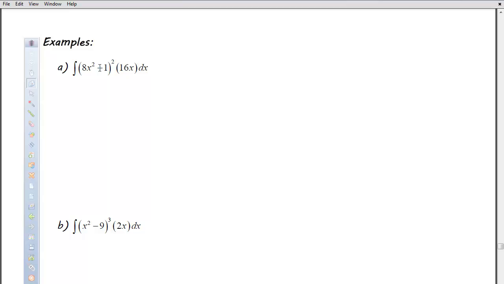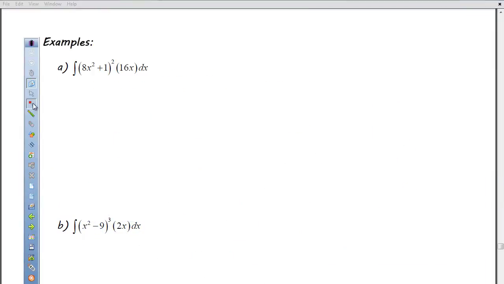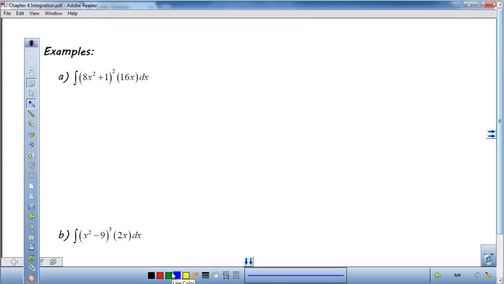I'm going to let u equal 8x squared plus 1. I'm going to leave the power off because that's our outside piece, and we'll include it when we rewrite this thing. And then it follows from here that du has to be 16x dx.